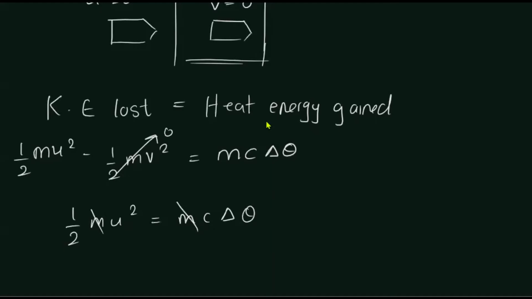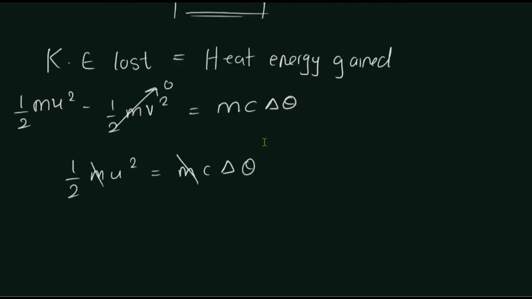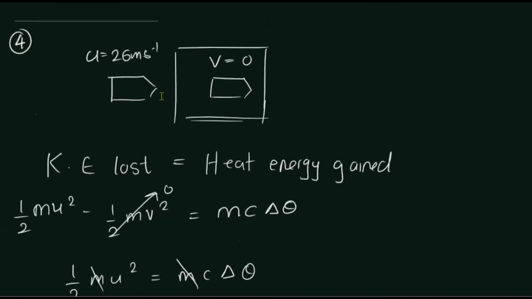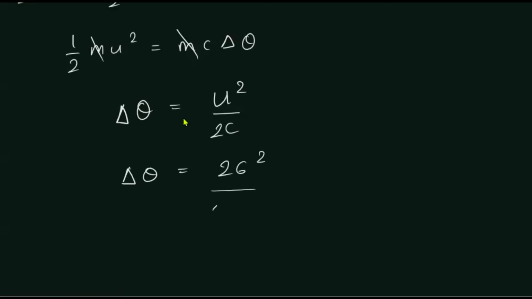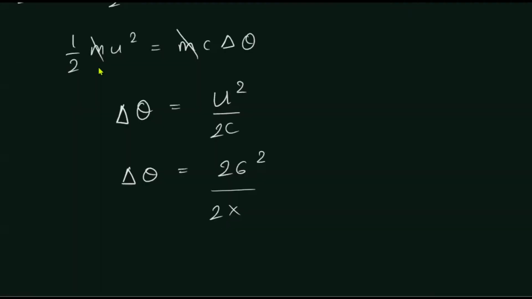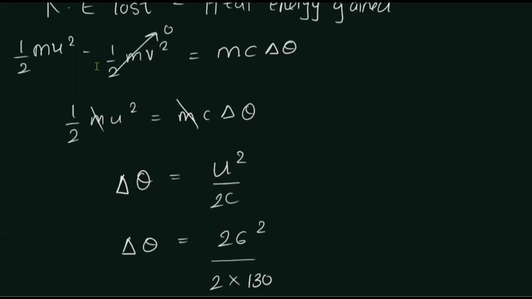The m cancels with m. What we need to find is the increase in temperature, which can be found as u squared over 2c. If we apply the values, 26 squared divided by 2 into the specific heat capacity, which they have given as 130 joules per kilogram per Kelvin, and simplify, we get 2.6 degrees Celsius.